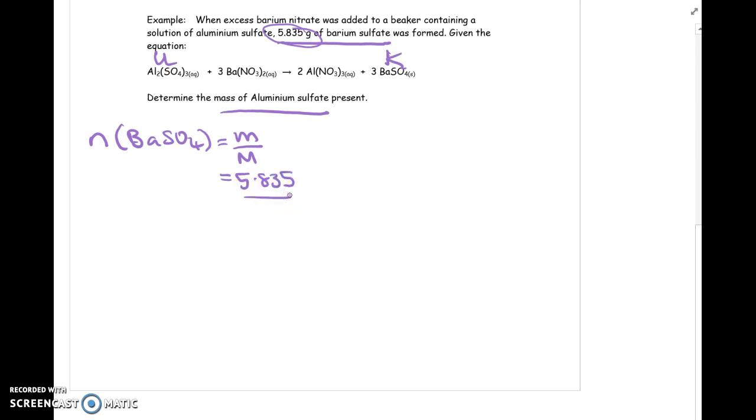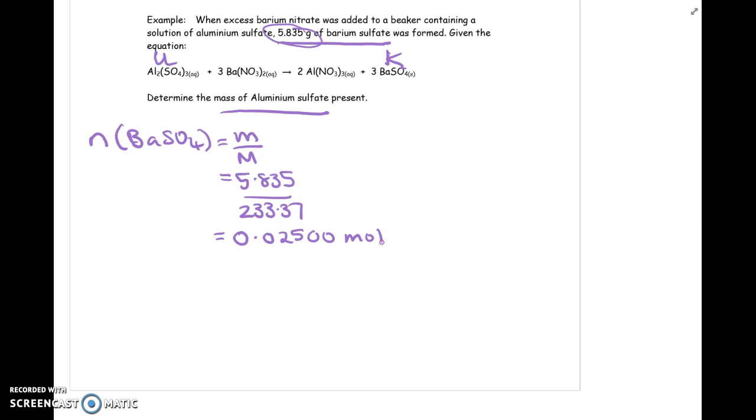So we go to our periodic table and add it up, and it comes out to 233.37 grams. Now from there we do our little calculation, and it comes to 0.02500 moles. Now at this point in time, I actually store this information in my calculator ready for use later.